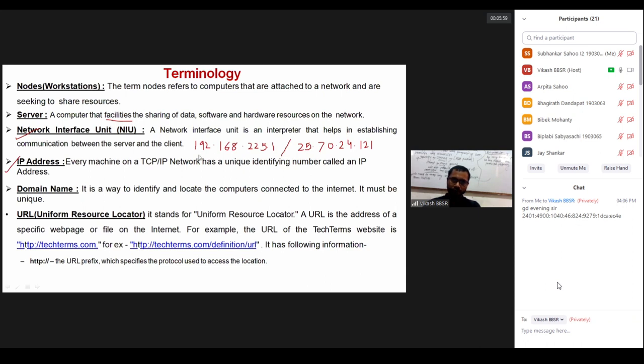Do you know what this is or how it is calculated? Have you any idea? Okay, I am just giving the basic idea. Listen, I am writing 192 dot 168 dot 225 dot 1.